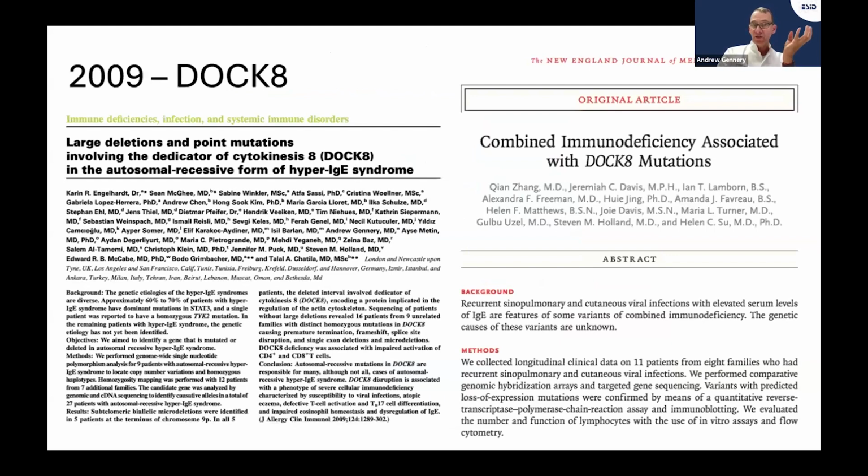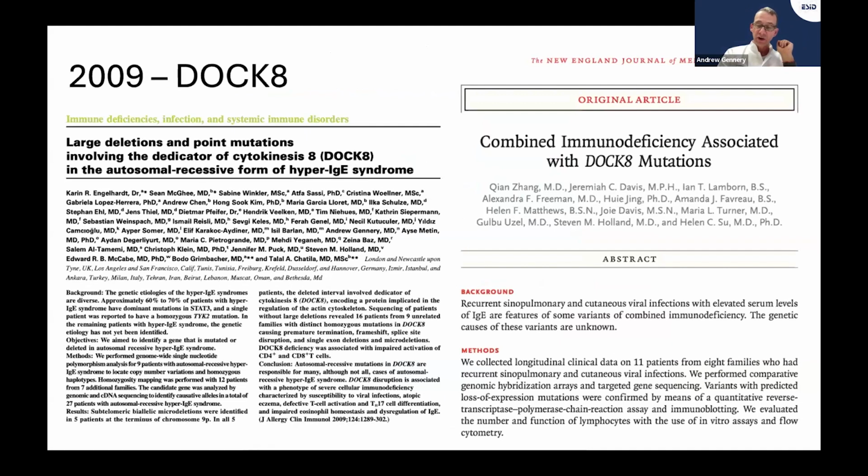This is, for the first time, DOCK8 deficiency, 2009, in parallel. So the NIH group, unlinked to our group in London at UCL, when I was working in London, identified biallelic mutations in DOCK8 being responsible for a hyper IgE-like syndrome.